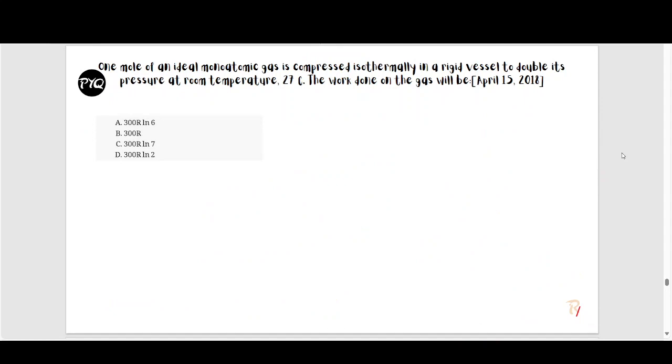1 mole of an ideal monoatomic gas is compressed isothermally in a rigid vessel to double the pressure at room temperature 27 degrees centigrade. Let me give this as a homework.